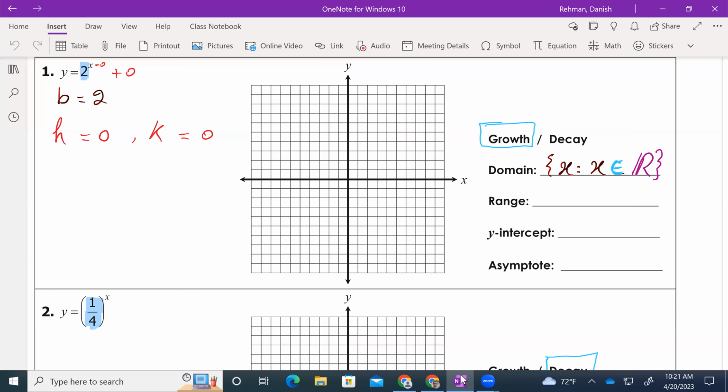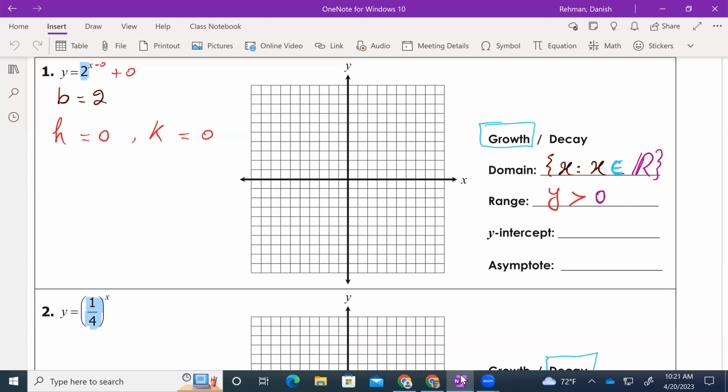Remember the k that we determined? The range will always be y greater than k. Don't put the k itself here. I'm just telling you y greater than k will always be the range. And we do know k here is 0. So y greater than 0 is going to be the range.